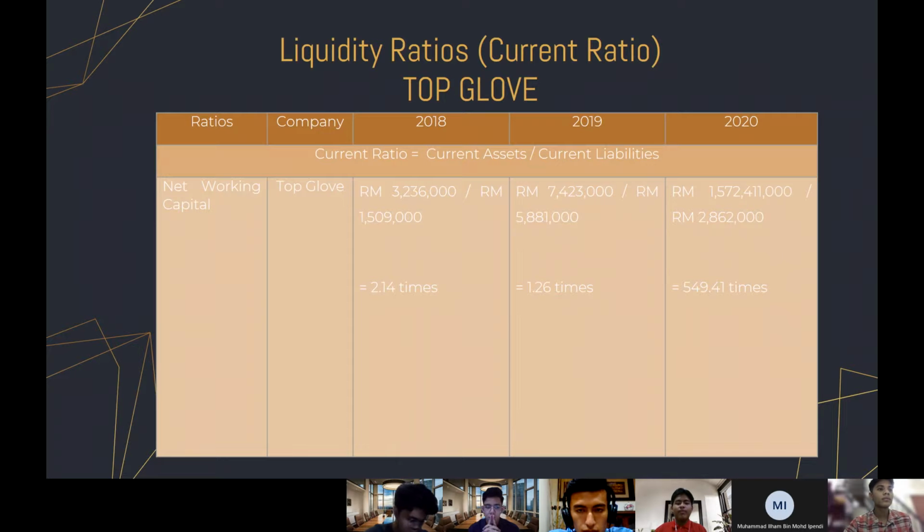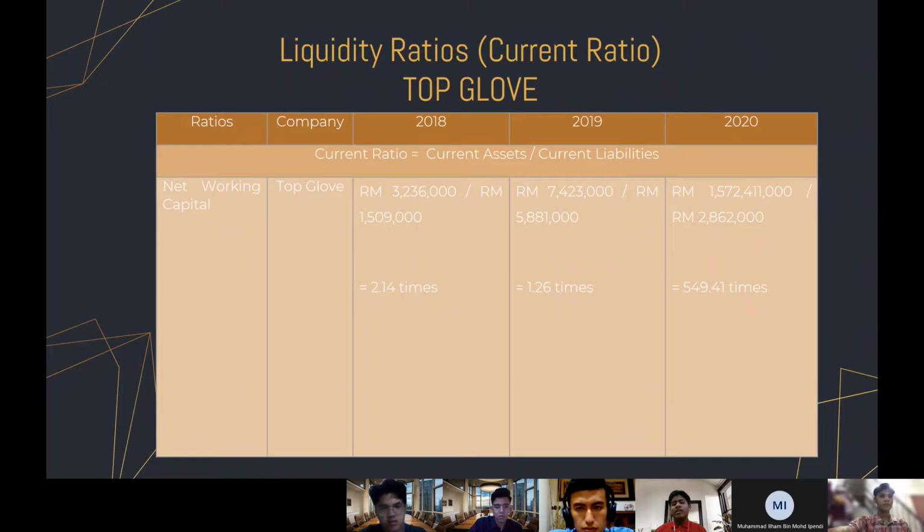Next is Top Glove. My comment on the current ratio for Top Glove is kind of the same as for Hartalega. They result in positive for 3 years, which is good. For 2020, Top Glove has 549.41 times current asset compared to current liability.